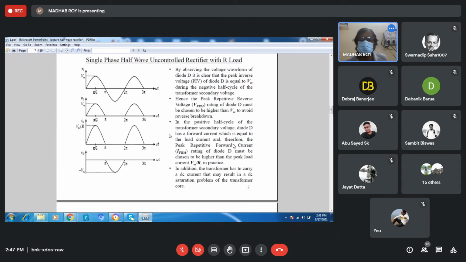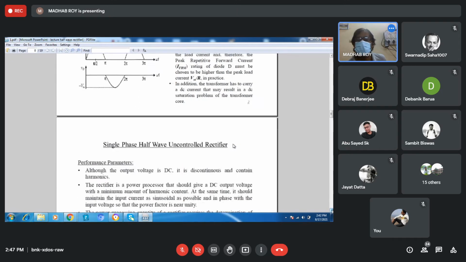Because the transformer secondary has to carry a DC current that may result in DC saturation problem in the transformer. So the rating should be much higher because of this, number one. Number two, these semiconducting devices are very sensitive to thermal rating.